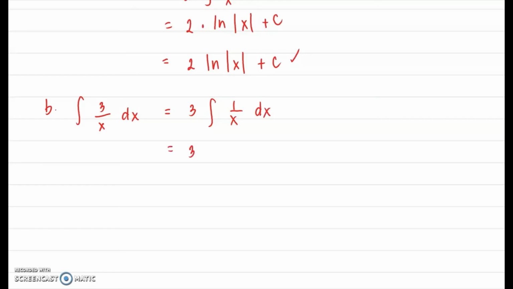The integral of 1 over x with respect to x is just ln absolute value of x plus c. Multiply, we have 3 ln the absolute value of x plus c, and that's our final answer.